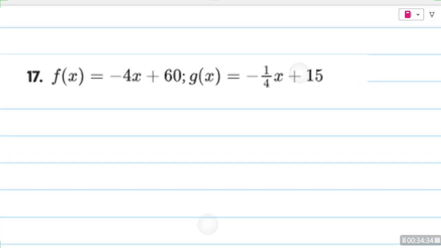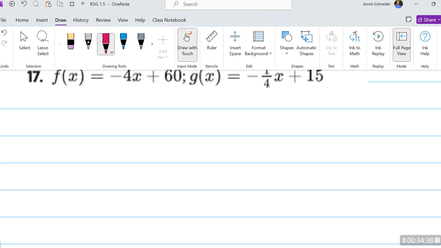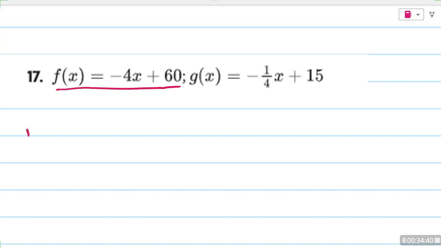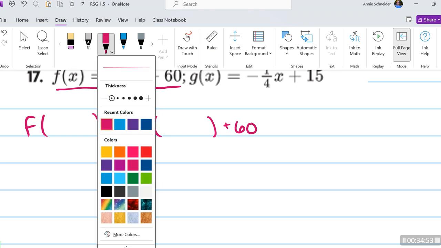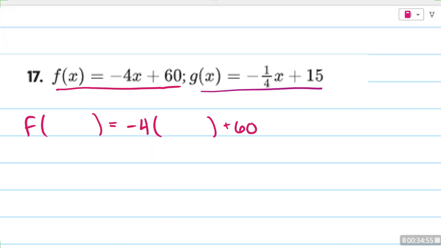So 17. So f of g of x. Well, I'm going to start with negative 4, leave a parentheses where my x is, plus 60. And for my g of x equation, it's negative 1/4 x plus 15.